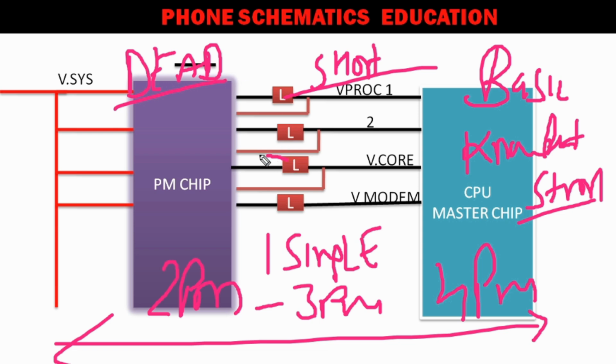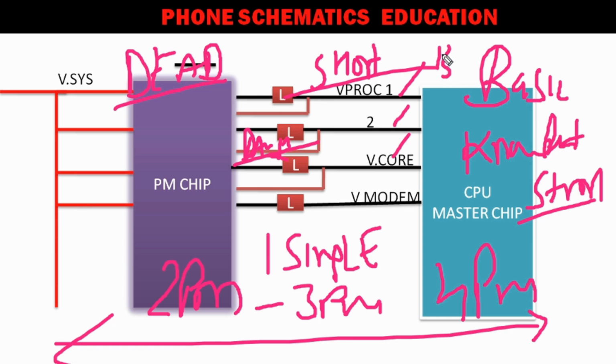Suppose this buck is damaged, so you can replace the buck with the same value, a 2-minute work. But when you check any kind of capacitor connected on these lines, you think there is a short.